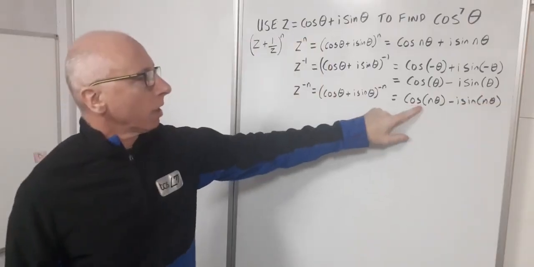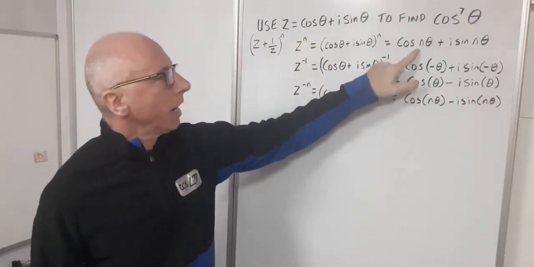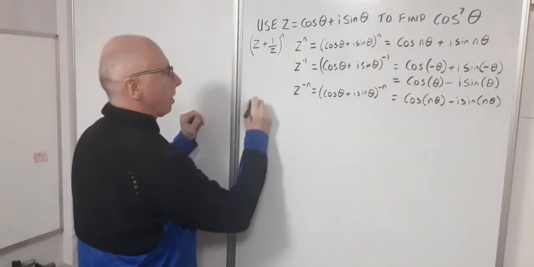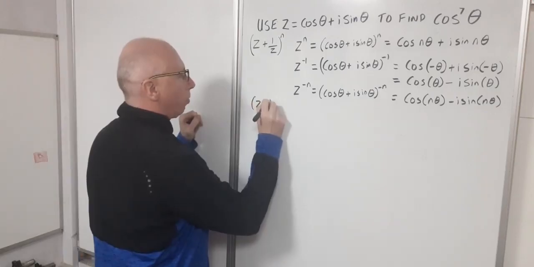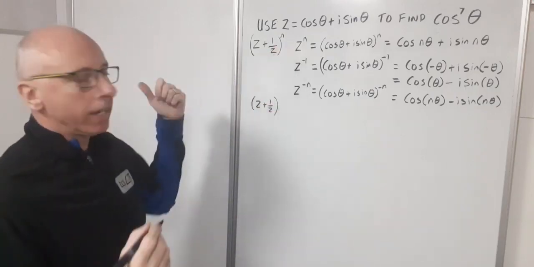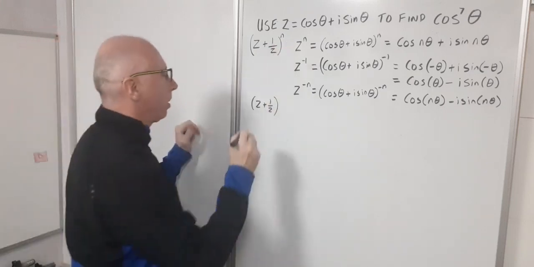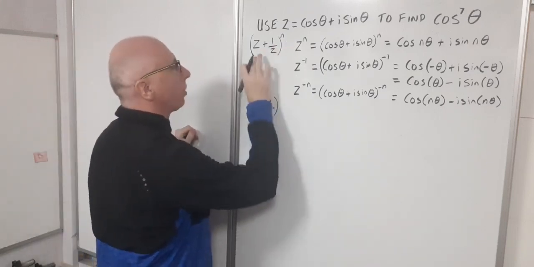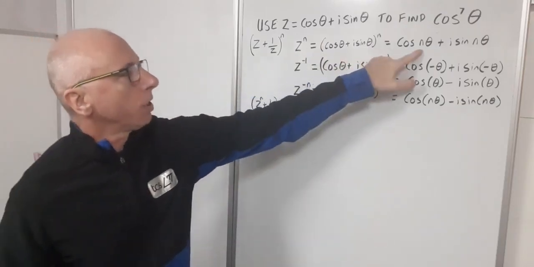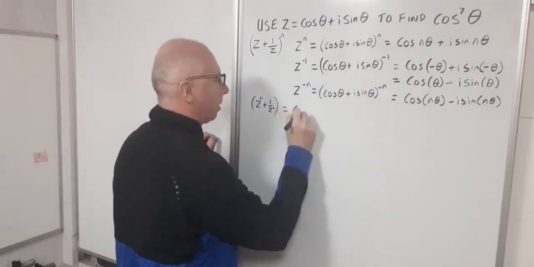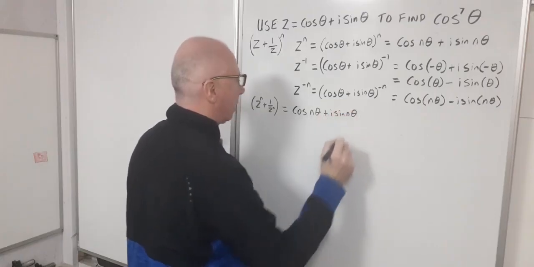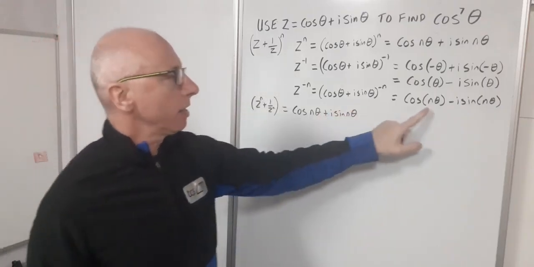So now we've got something we can work with, because we've got a cosine n theta and a cosine n theta. So now if we add these up, we've got z plus 1 over z. And then I'm just going to bring the n inside for now. So this is going to look slightly different to what the original use of this is. So z to the n, that's this one, which is cosine n theta plus i sine n theta, and 1 over z to the n is this one.